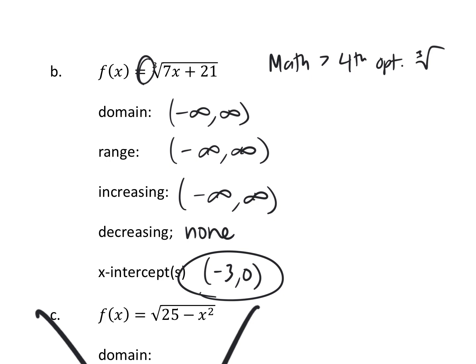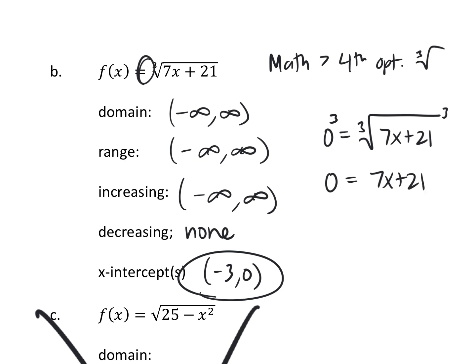Okay, we can also find it by doing it by hand. So let's do it by hand really quick. If I'm doing this by hand, I would set 0 equal to the cube root of 7x plus 21. Okay? Now to undo a cube root, we would have to cube both sides, right? So I get 0 still is equal to 7x plus 21.